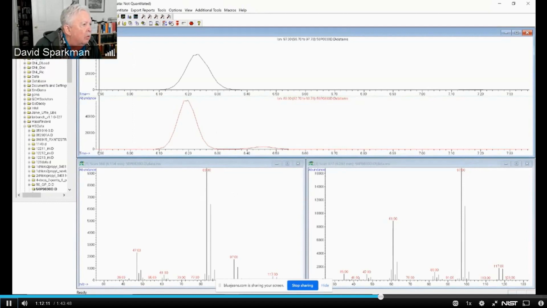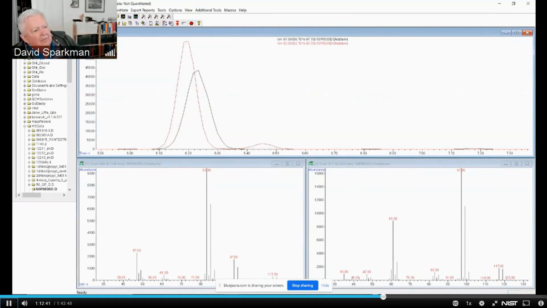And we are going to look at those two merged together. All I have to do is find the... and if you look at those chromatographic peaks, you'll see that they definitely represent two different compounds.